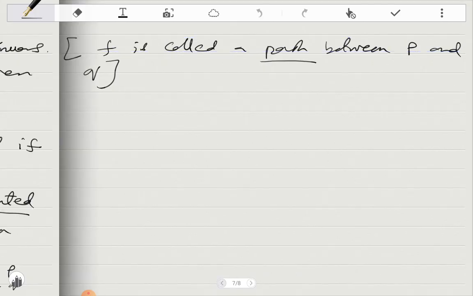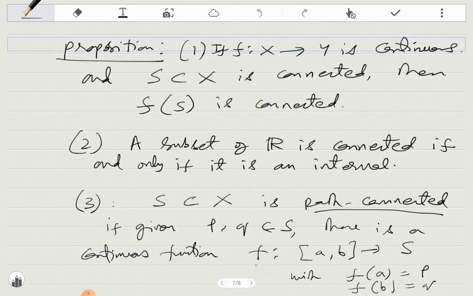Now notice that here I said a continuous function whose target is S. The metric space here is X. I could have said a continuous function from the interval to X whose image lies in S. That's fine. But what I wrote is also okay, because in order to make sense of a continuous function, what we need is the target to be a metric space.